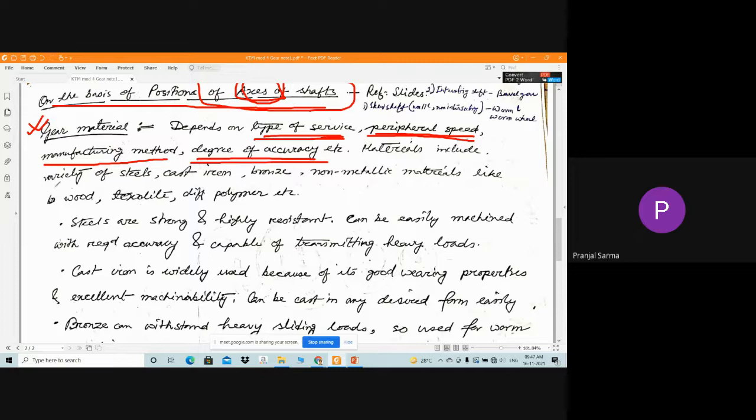Now the common gear materials used in engineering applications include a variety of steels. Then cast iron is one of the important ones. We have bronze. Apart from these metallic materials, we can also make gears of non-metallic materials, even wood. Previously in the agriculture sector, wood gears were used. Similarly, gears can be made out of textile, different polymers, etc., depending on where you are going to use them.